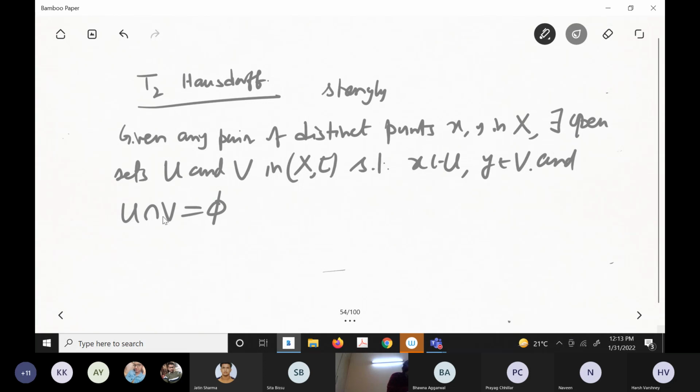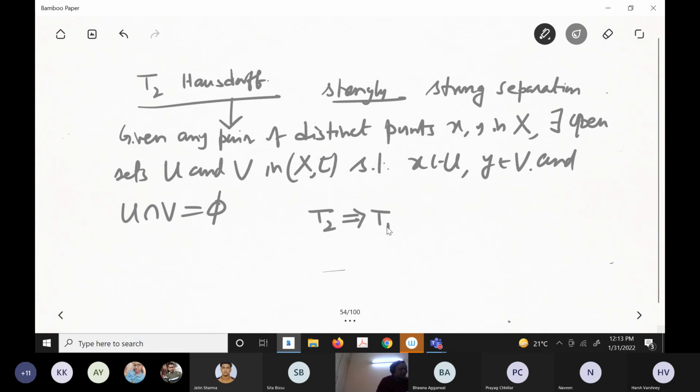It is called Hausdorff. This is strong separation, because the neighborhoods are disjoint; previously it was weak separation. So T2 implies T1.